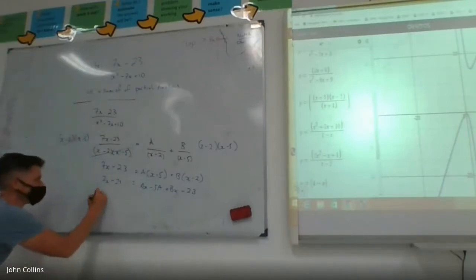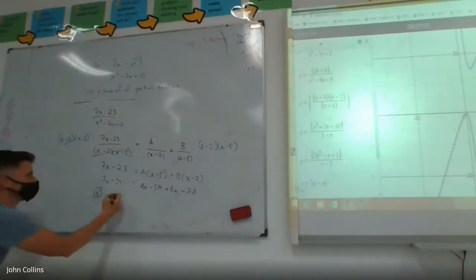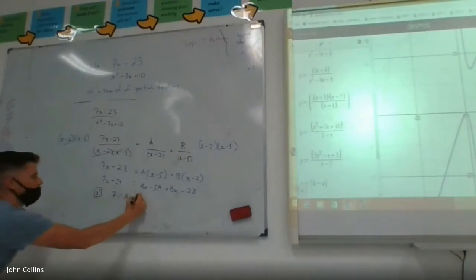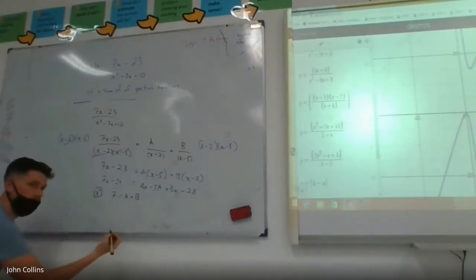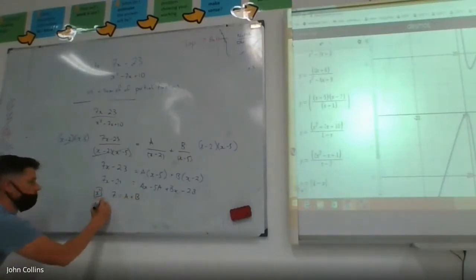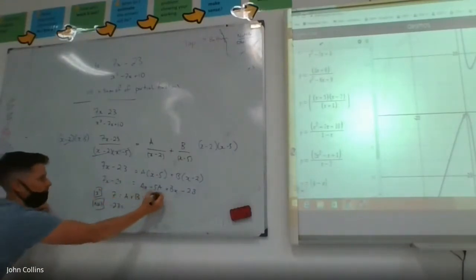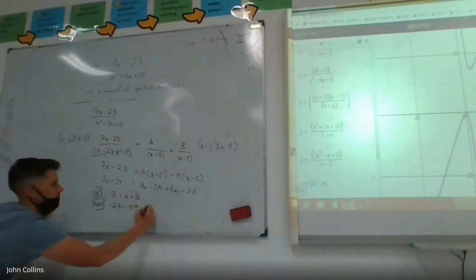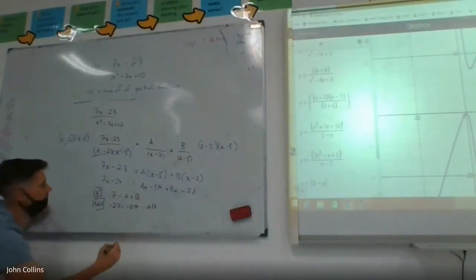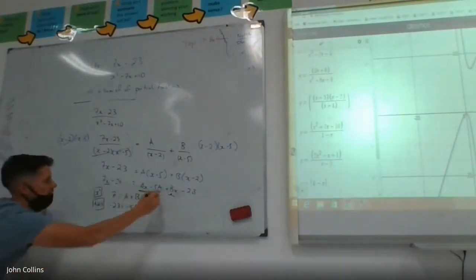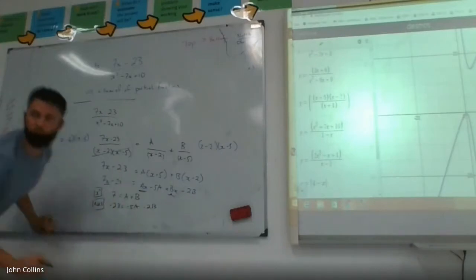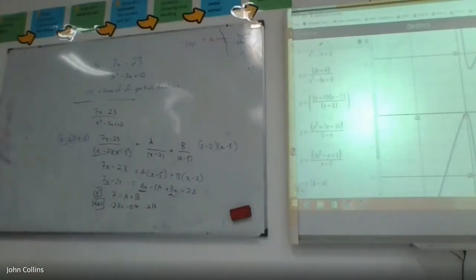The x's: 7 equals A plus B. The numbers: negative 23 is equal to minus 5A minus 2B. So I took the x's as 1, and the numbers, a bit like the coefficients we did with polynomials last week. There are two simultaneous equations we can solve.